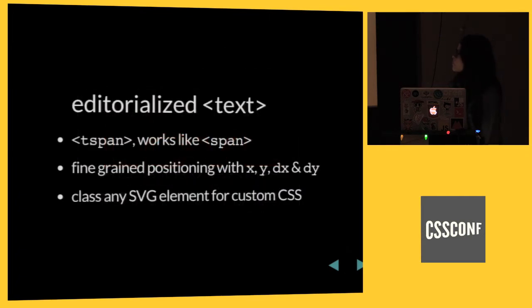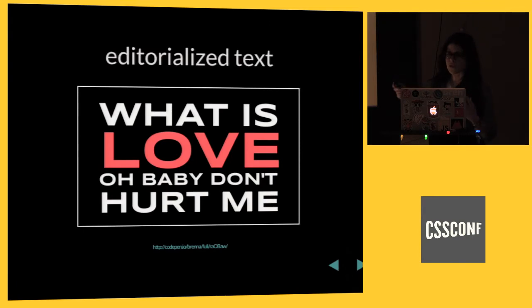And the way that's going to work is we have all these SVG analogs of stuff. So there's a T-span that acts like a span to control individual elements. And you've got positioning coordinates x, y, dx, and dy. And then to turn it a different color, you can just throw a class on any SVG subcomponent to affect it with CSS and say change the fill color.